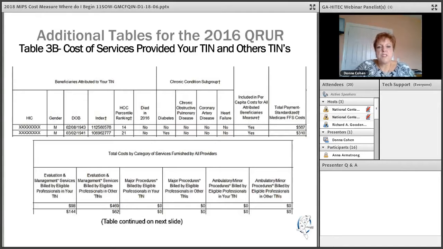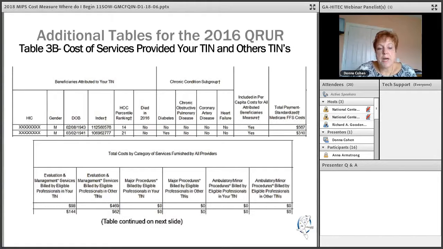So this is cost of service provided by your TINs and other TINs. So this is very, very transparent information where the cost of care is attributed to your TIN as well as other TINs that provided services to these patients that are attributed to you. It breaks it down by types of codes.